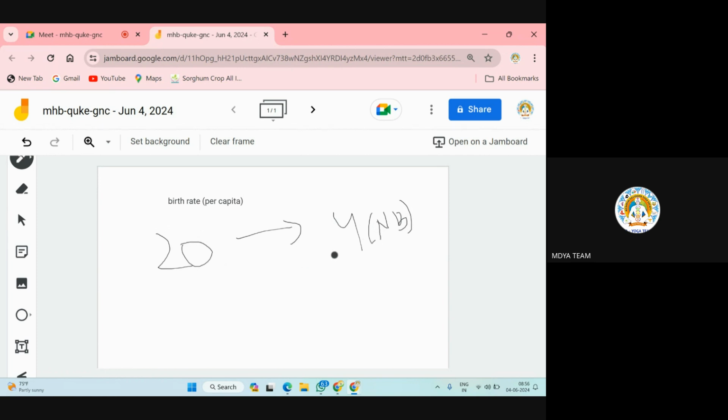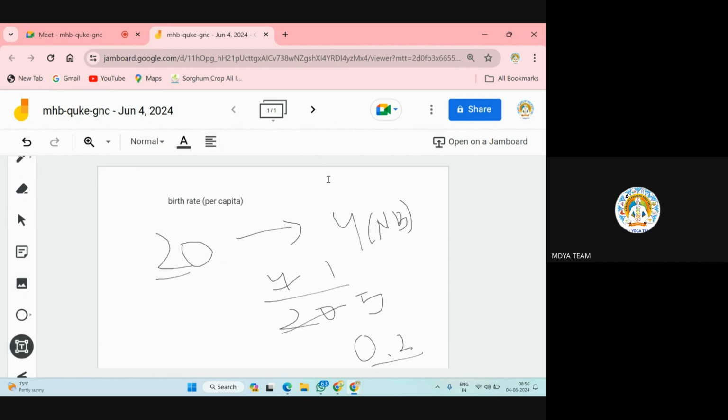Just divide the number of births by the total number of individuals. So the birth rate is 0.2 per capita per year. For example, these 4 births took place in one year.